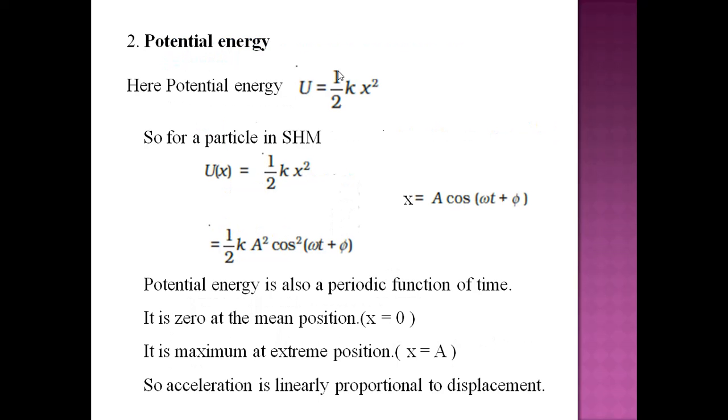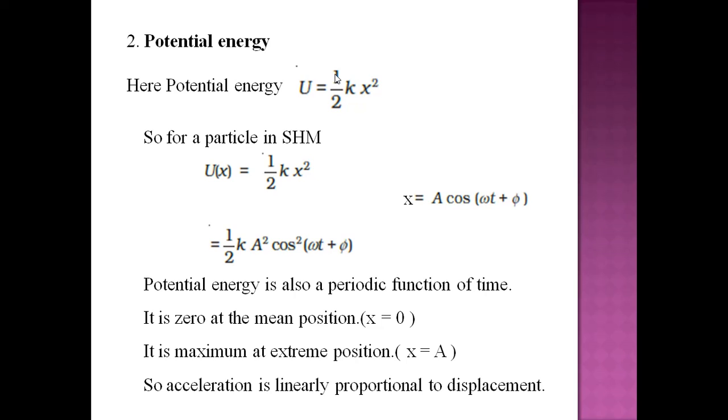What about potential energy? Potential energy is given by the expression U equal to half kx squared. So for a particle in simple harmonic motion, U as a function of x equal to half kx squared, and x is given as a cos omega t plus phi. Therefore the expression becomes half ka squared cos squared omega t plus phi.